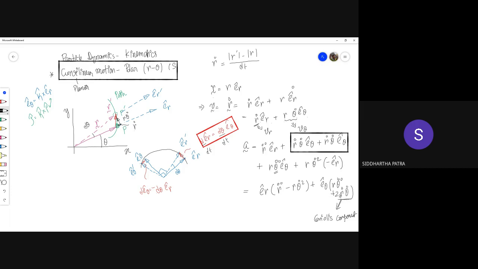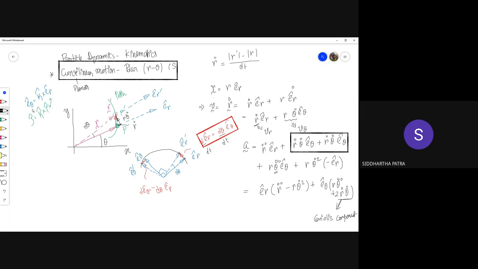When two objects have simultaneous relative linear and angular velocities or motion with respect to one another, then between the two bodies you have a Coriolis acceleration component.